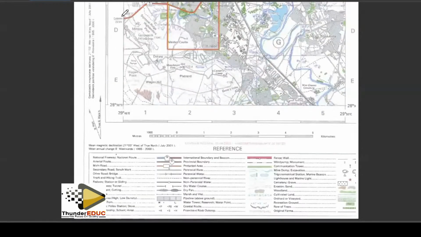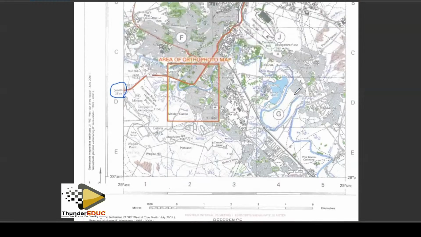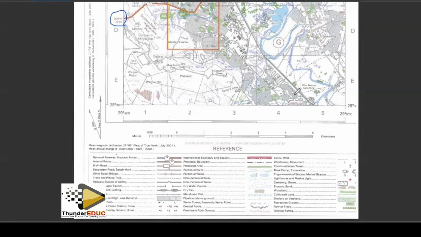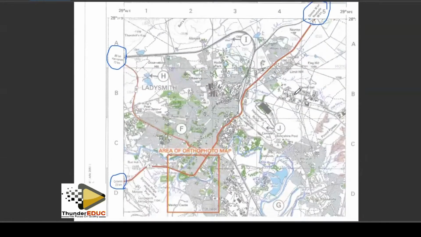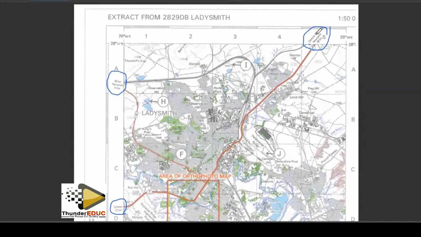Then again, we come here and check again. It's Colenso, 23 kilometers by road. I think those are the indications of distance to the nearest towns and cities according to our map. So we are comparing 36, 98, 80, 73 and 23.